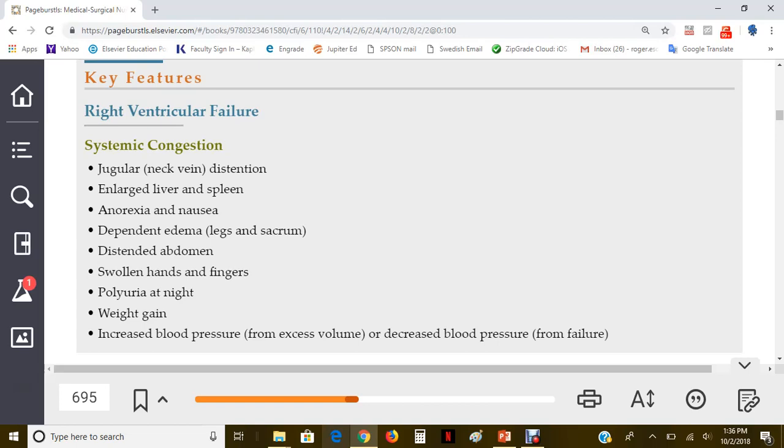Now the last bullet here, wherein there is increased blood pressure or decreased blood pressure, can be a bit confusing, but let me try to explain this. When a patient has heart failure, now heart failure is chronic.